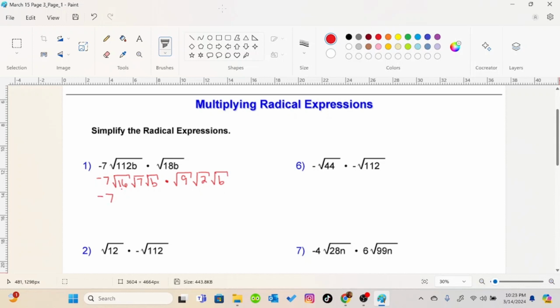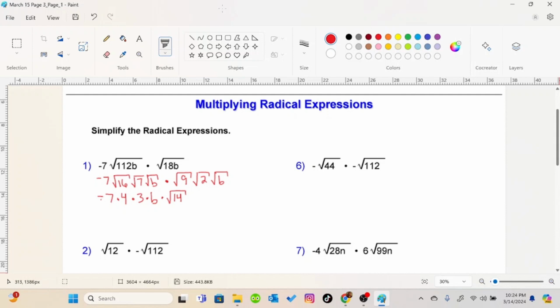Square root of 16 is 4. The square root of 9 is 3. The square root of b times the square root of b is b. And then square root of 7 times the square root of 2 becomes the square root of 14.